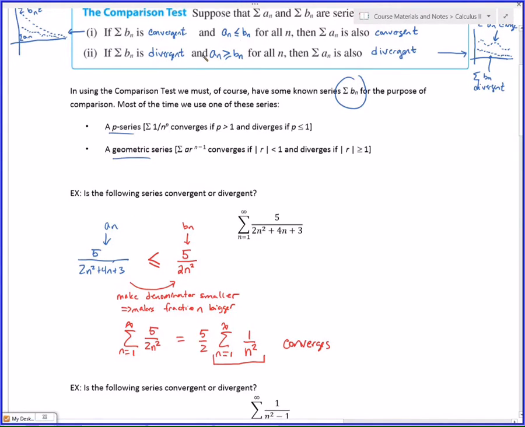Look at number 1. If B sub n converges, and A sub n is always less than or equal to B sub n, then what do we know about the series A sub n?